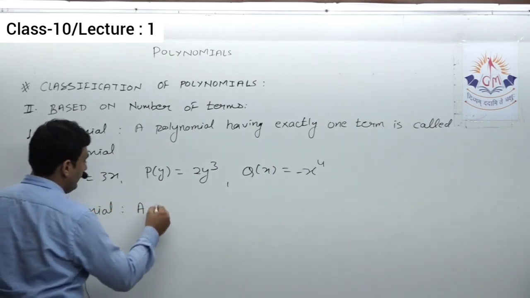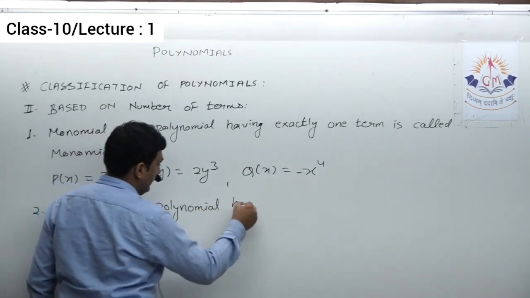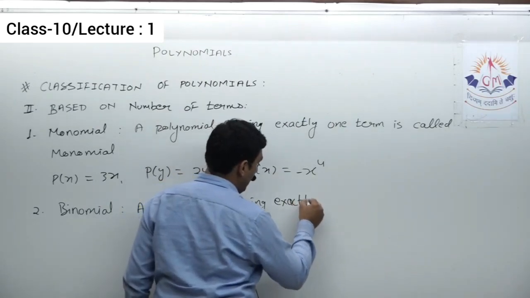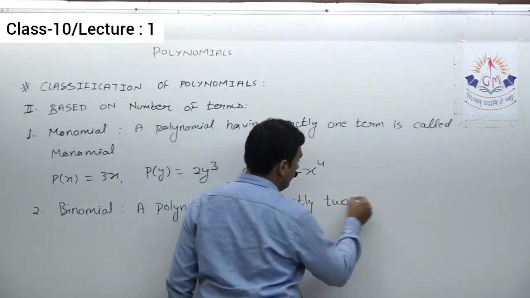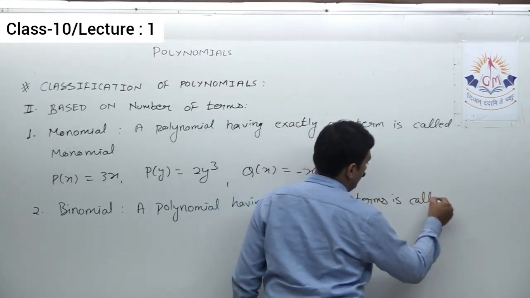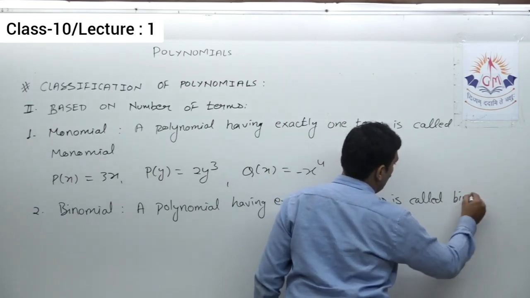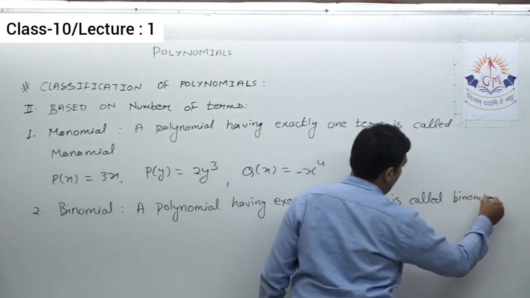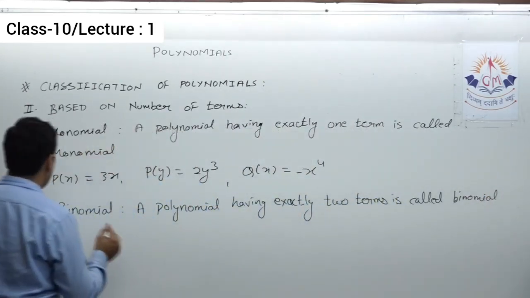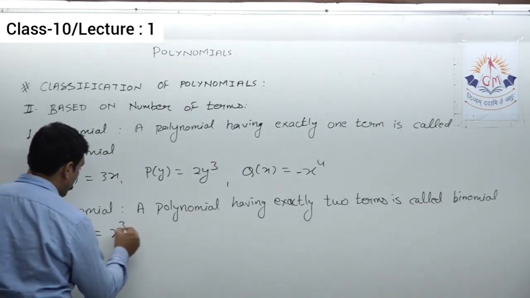Binomial. A polynomial having exactly two terms is called binomial. Okay, so here I can write p(x) is equal to x cube minus 1.